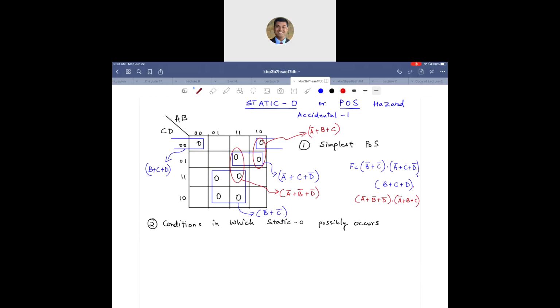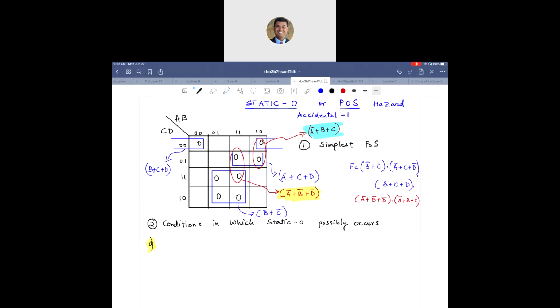So let's do a more interesting question here, which is the conditions in which static 0 possibly occurs. A. Let's number them. I will highlight this yellow, so I'll do A in yellow, and then I will do this guy in blue.